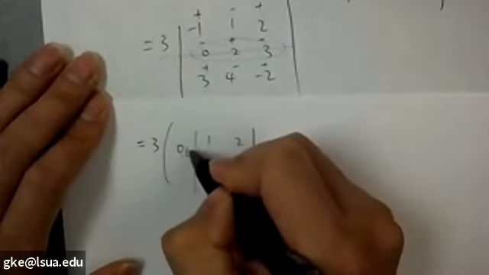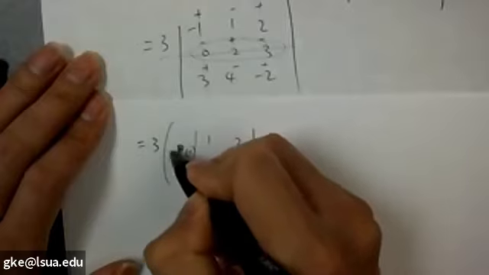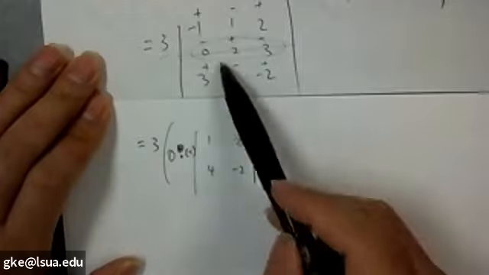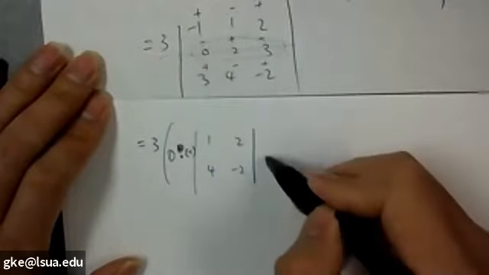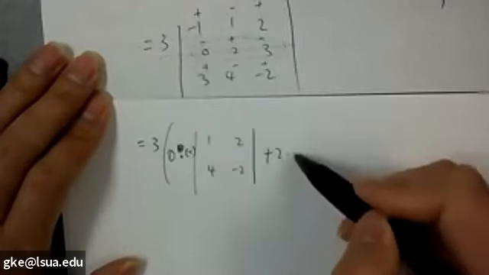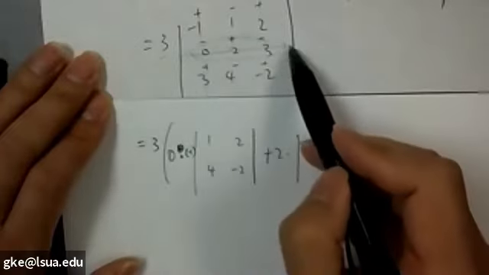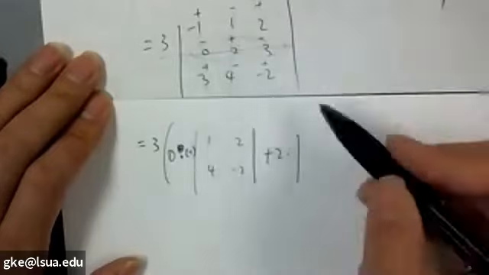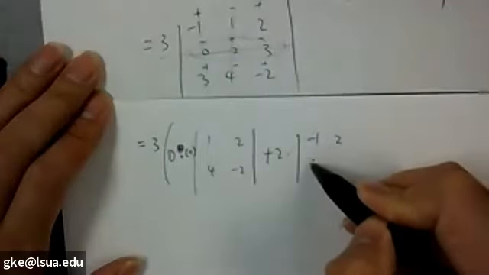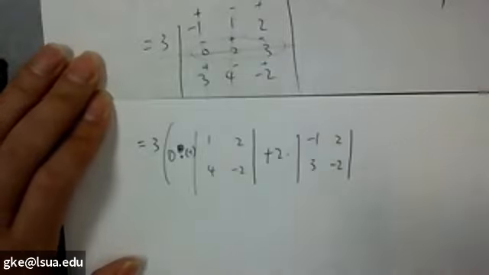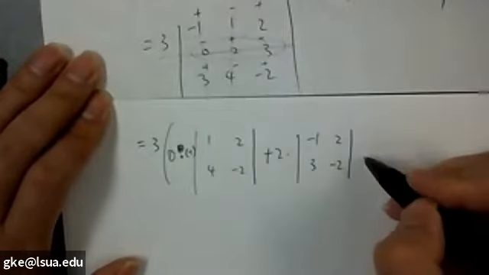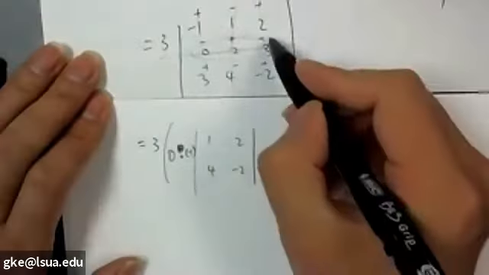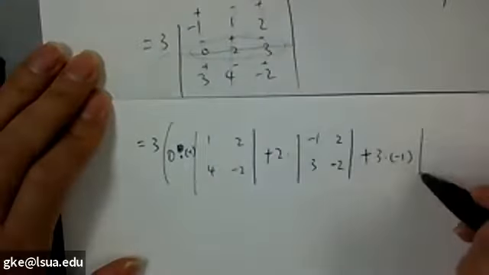That is a negative, right? 0 times -1, okay, because here is a negative, and plus 2 times the positive. Cross out the second row, the second column. And the last one is 3 times negative 1, the second row, the last column.